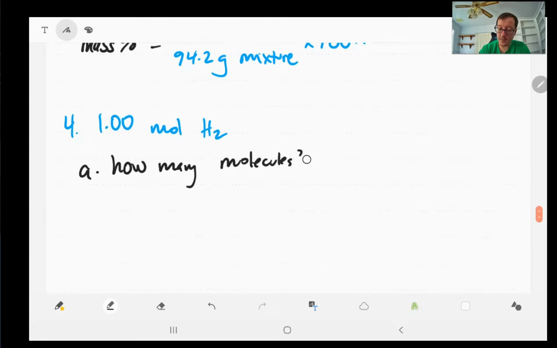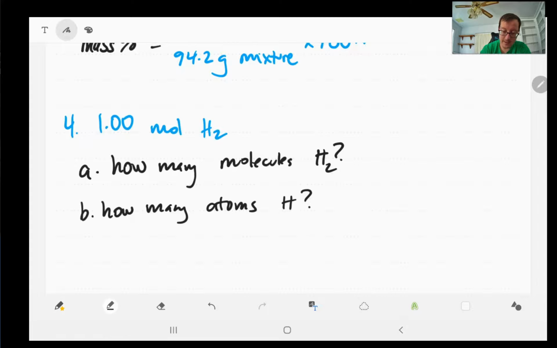How many molecules do we have? How many atoms? And what's the mass?